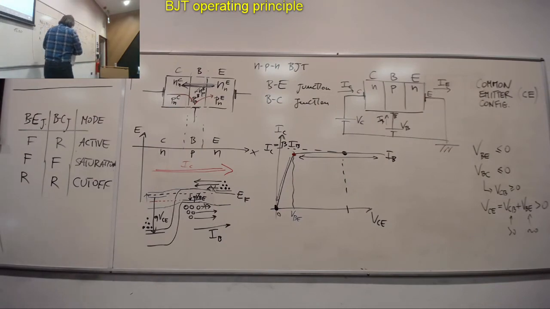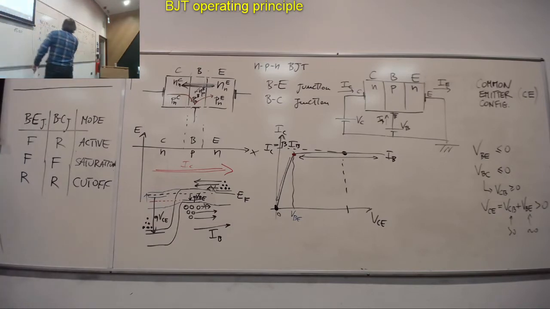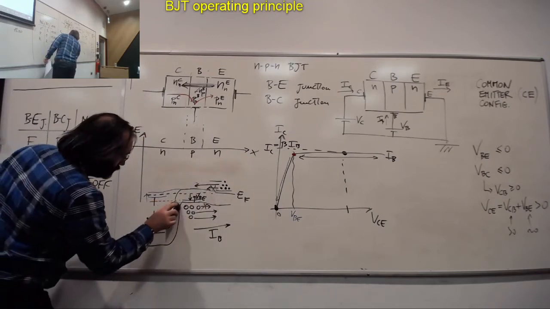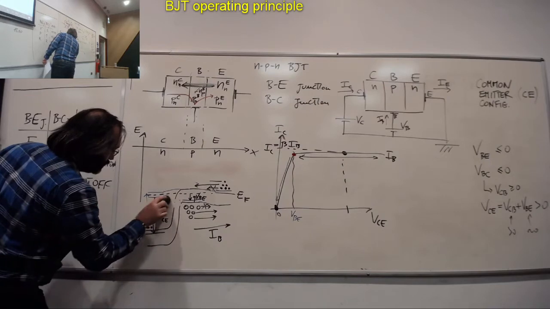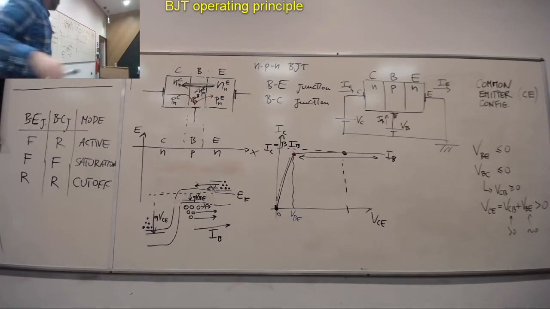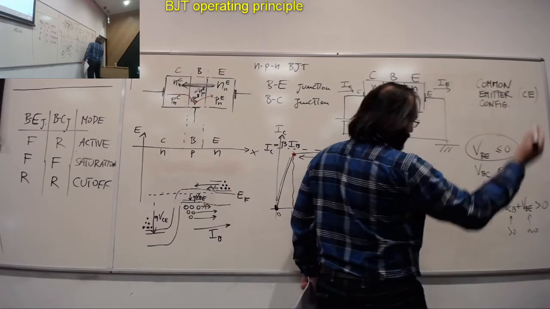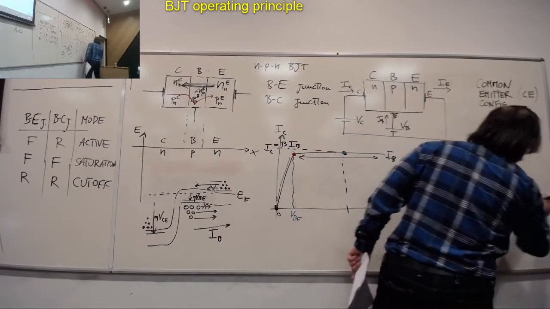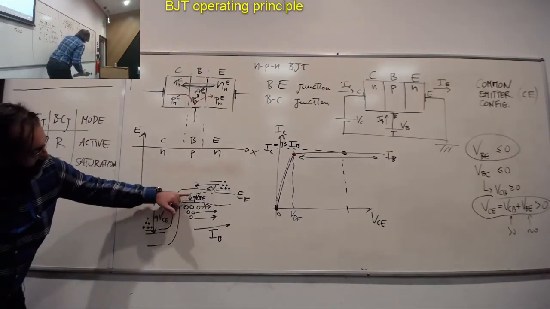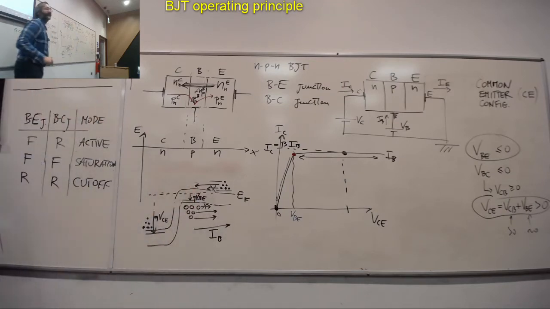So really, going back to this diagram, let me clean up the diagram as well. This situation, VBE, let's say 0, and VCE positive, could be represented here simply by the fact that I'm moving this up so that the Fermi level now aligns with the dotted dashed line.